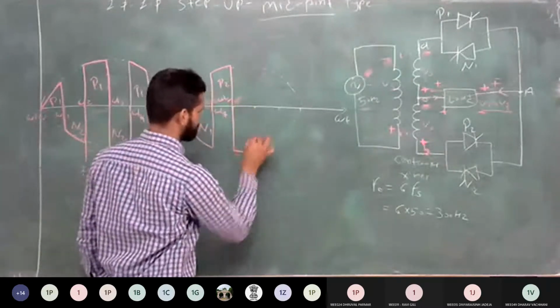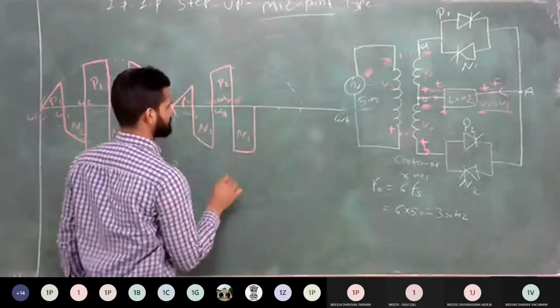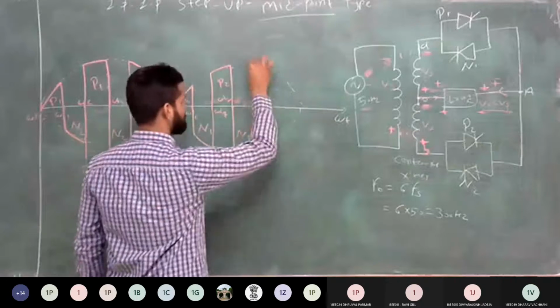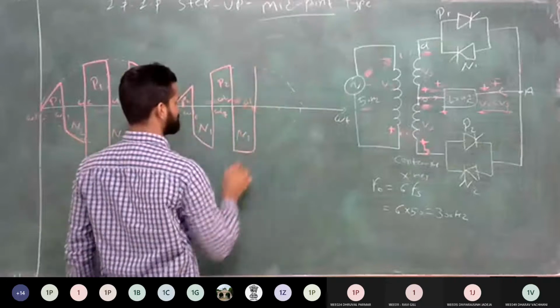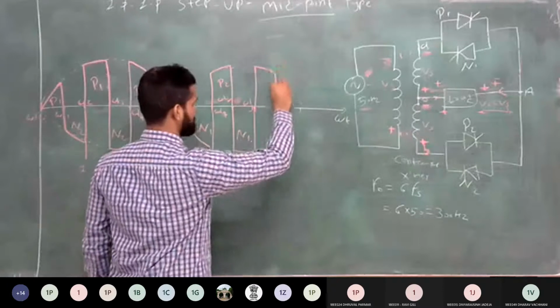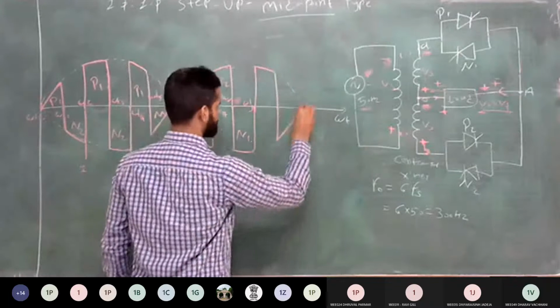So that follows the analog of the negative cycle. Here, N1, omega T9. Again I require positive, so turn on P2 and forcefully commutate N1. So we get the positive analog, and in the same way, then N1 after that.